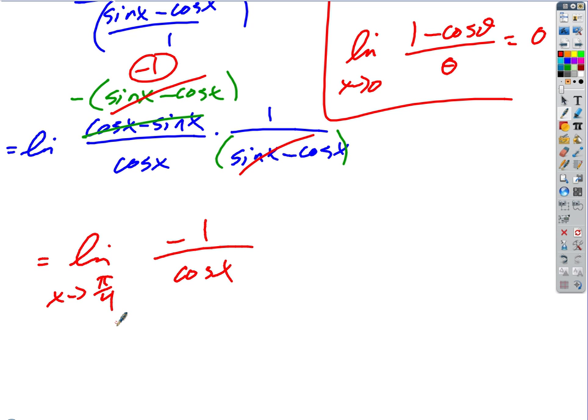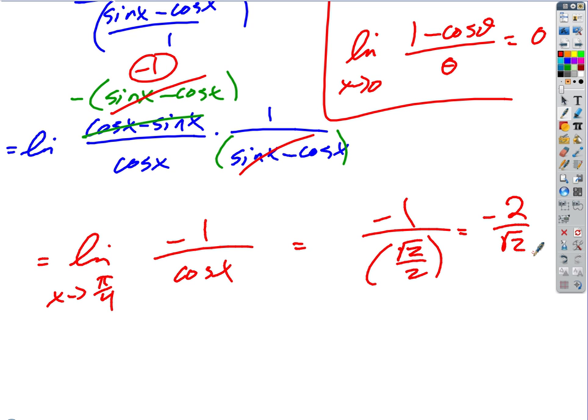What did we say the cosine of pi over 4 was? Square root of 2 over 2. So -1 over root 2 over 2. Flip and multiply. And what's that simplified to?